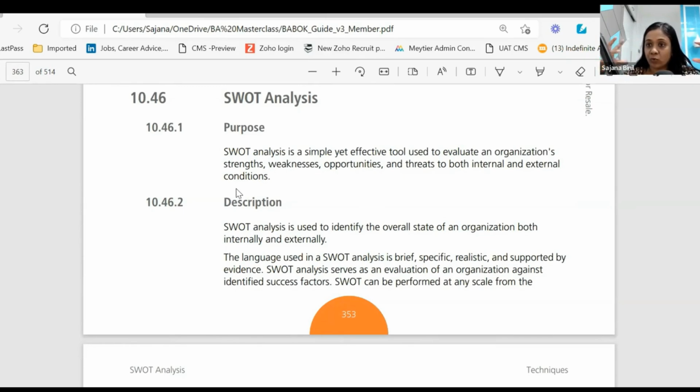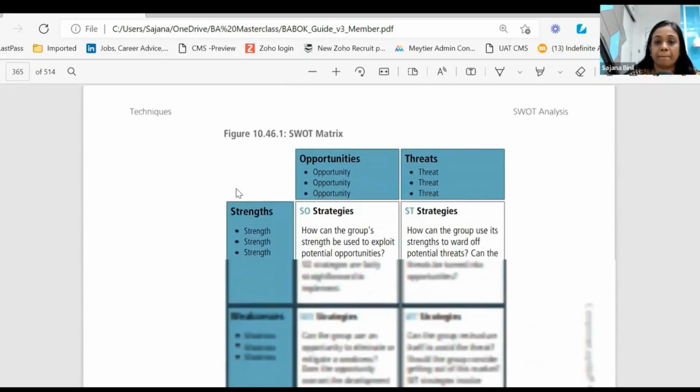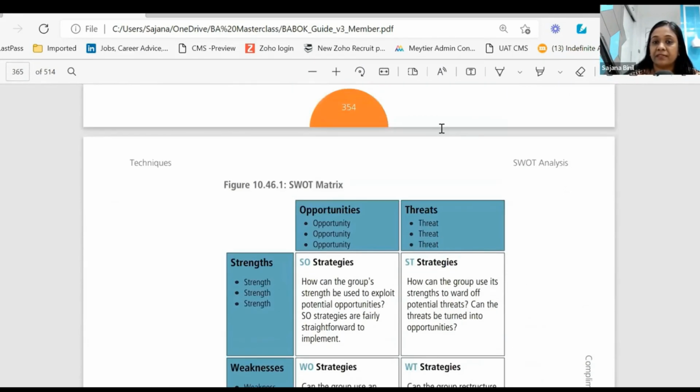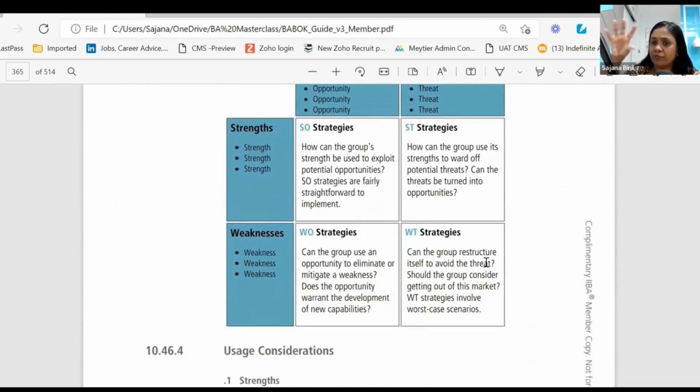Benchmarking and SWOT analysis go hand in hand, where a similar kind of thing is done. You'll see a structure given here, guys. This is a SWOT matrix, a table with columns for strengths, weaknesses, opportunities, and threats. Under those column headers, you can put whatever your strengths and weaknesses are.